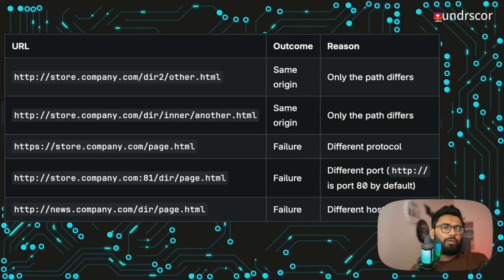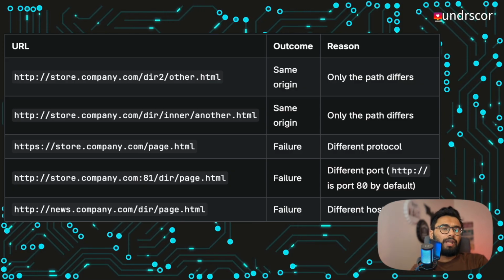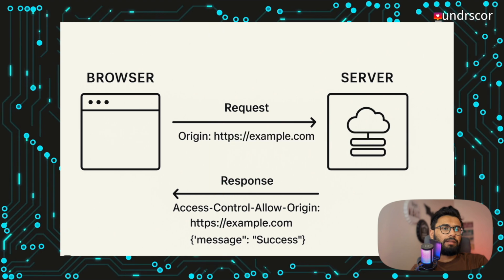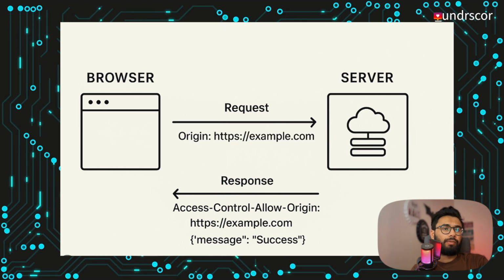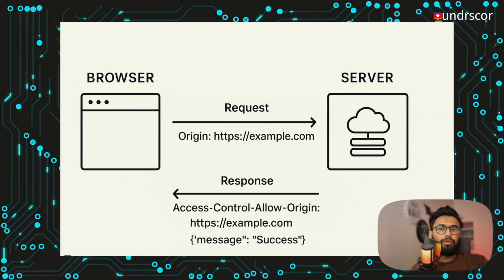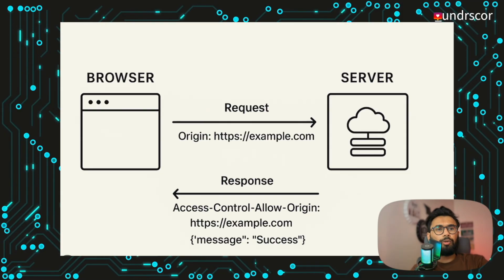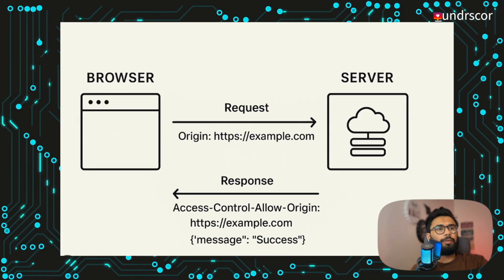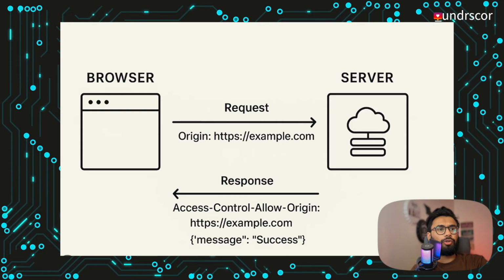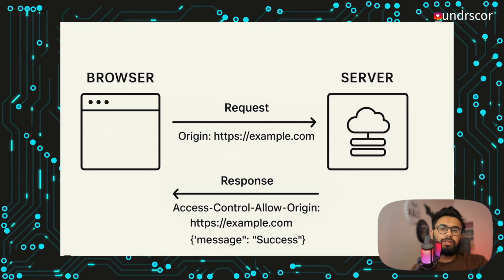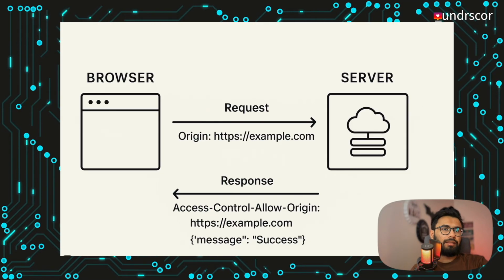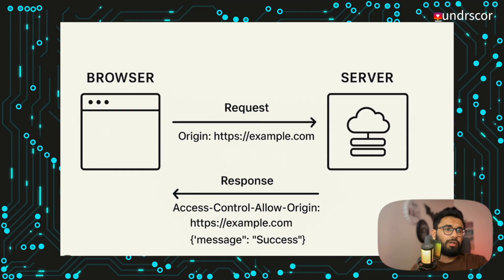It follows a simple rule: it blocks everything by default unless the server clearly says that it is allowed. To control that, we have CORS. Here the browser checks whether the server has explicitly allowed that origin or not. It checks if the response contains a header like Access-Control-Allow-Origin.